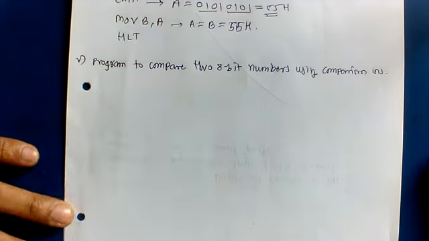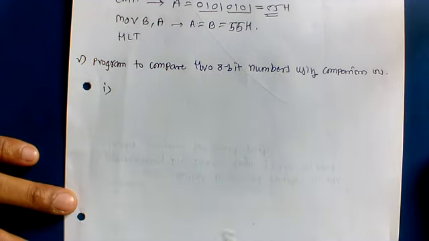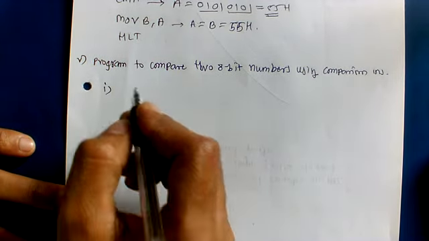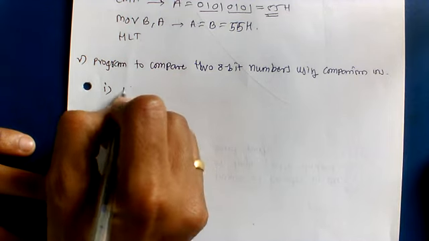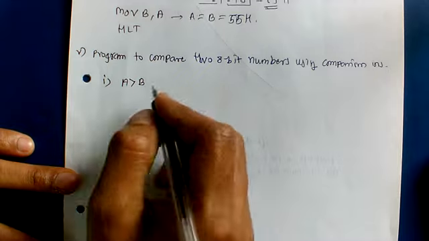So the first program in this comparison, where accumulator contents are bigger than the B register content.